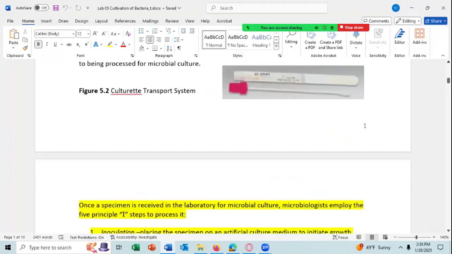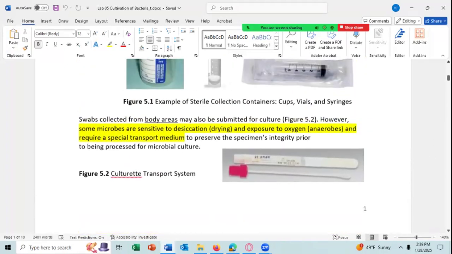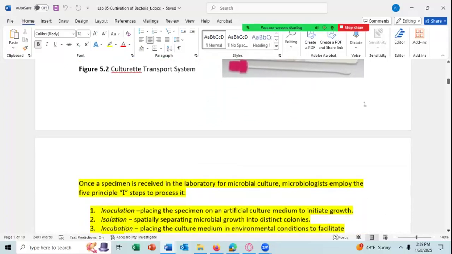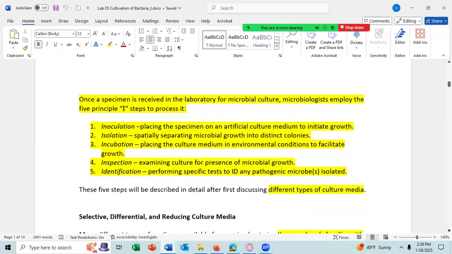Some microbes are sensitive to desiccation, meaning they'll dry out, and some are sensitive to the exposure of oxygen, like most anaerobes, and therefore require a special transport medium to preserve the specimen, keep it alive until it's gotten by the lab for growth.